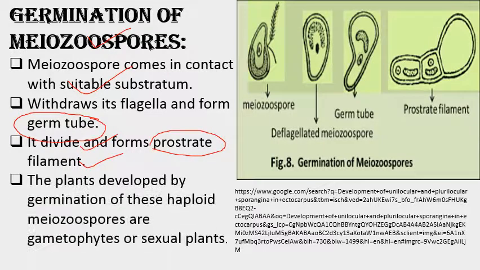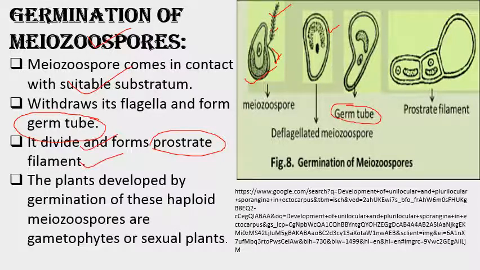So in this picture we can see here, this is the meiozospore with biflagellation, में तो flagella present है. This is pantonemetic flagella having 2 rows of mastigonemes, means hair-like structures. This is the flagella which is acronemetic without mastigonemes. It will undergo a period of rest and lose its flagella, and finally after coming in contact with suitable substratum it will germinate to form this tube-like structure which is known as germ tube.